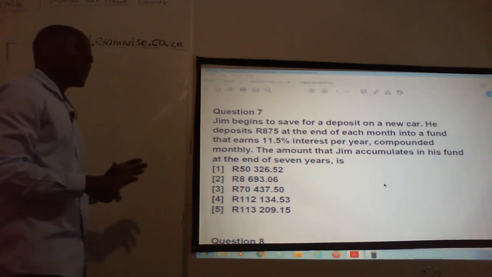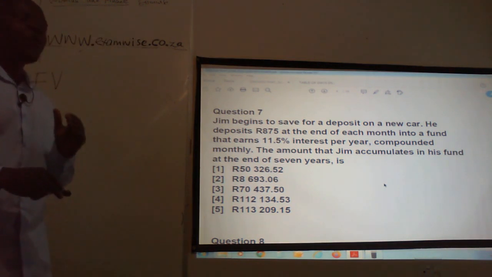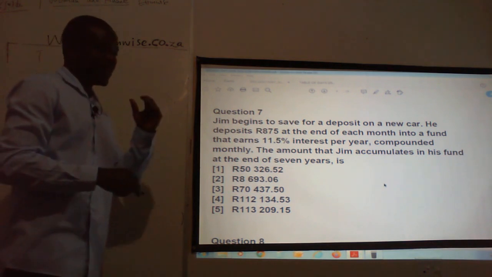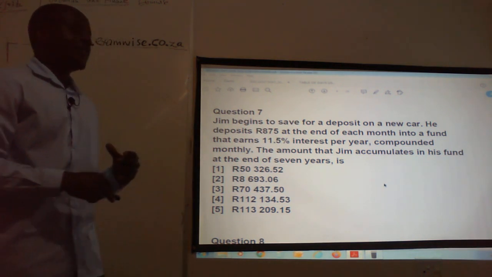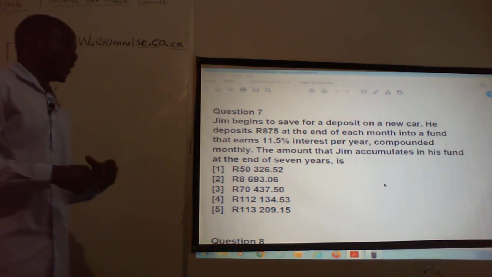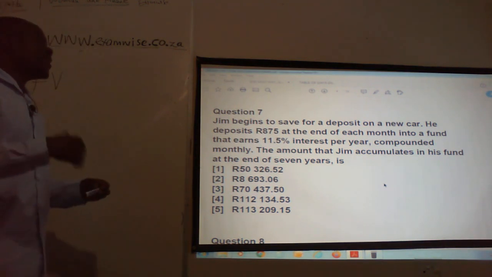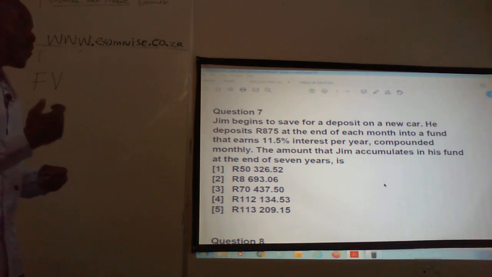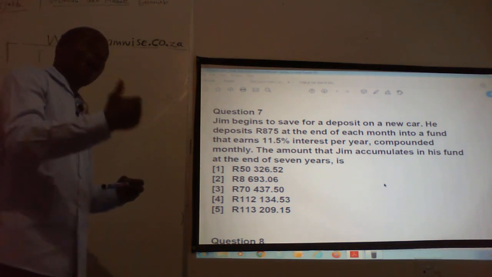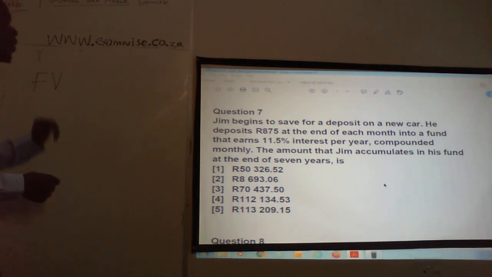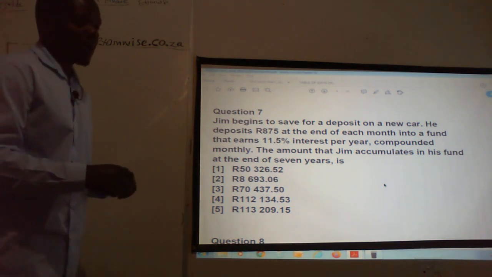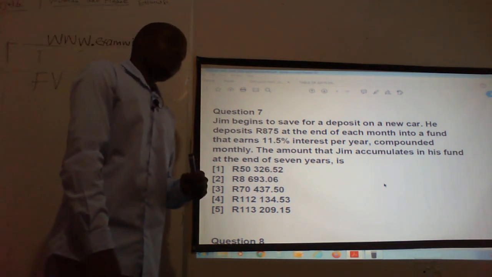So the question now is, how are we going to calculate the future value? The first thing is to determine what we are required to calculate. Then after that, we need to ask ourselves how we are going to calculate it. Here we are required to calculate our future value.